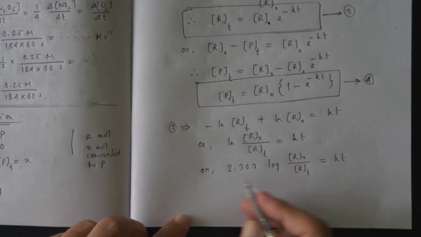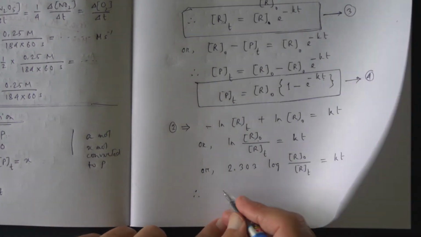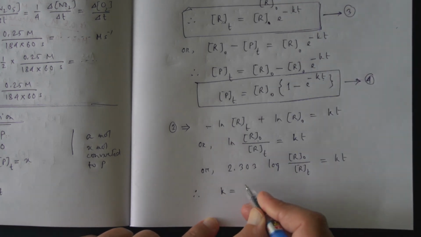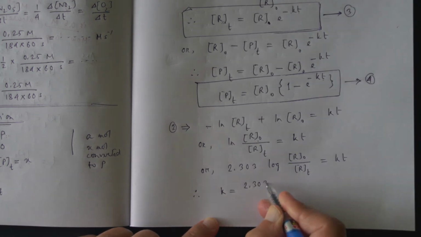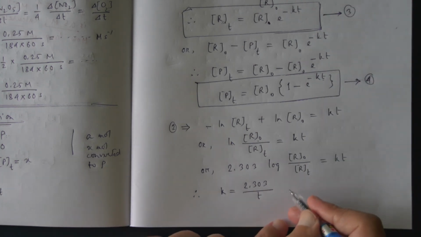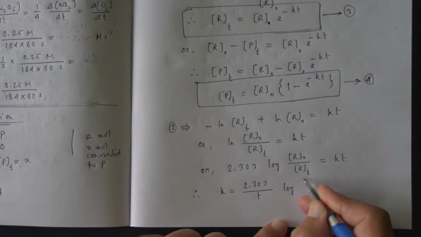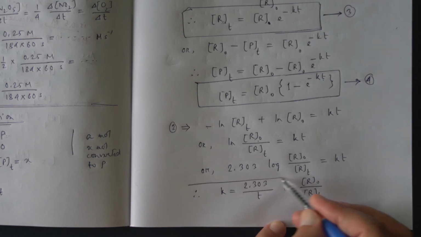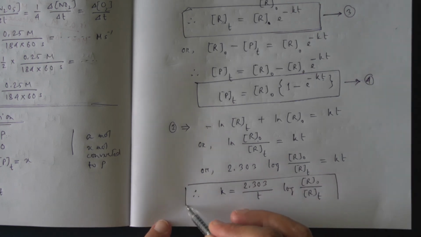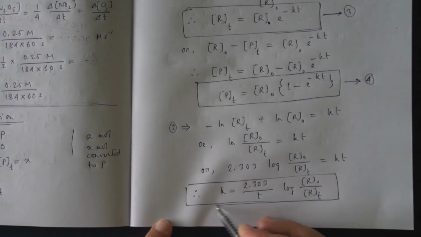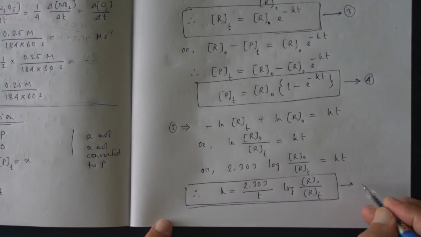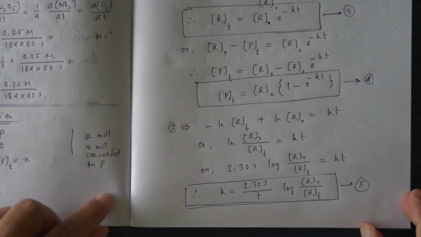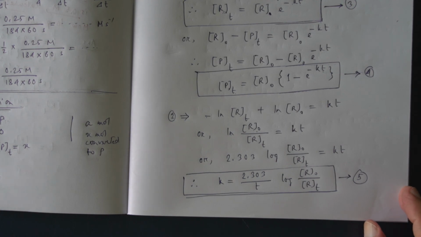Now from this, k will be equal to 2.303 by t log r naught by rt. So this is the expression for the rate constant of first order reaction.